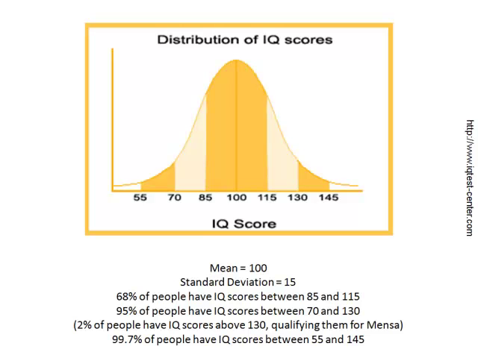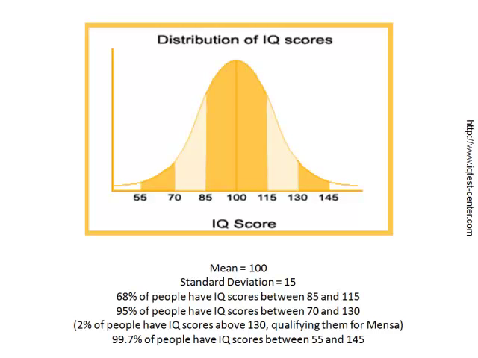Notice how this matches our definition of mean. By convention, the standard deviation of an IQ scale is set to 15. So, 68% of people have an IQ between 100 minus 15, or 85, and 100 plus 15, or 115. 95% of people have an IQ between 70 and 130, and so on.